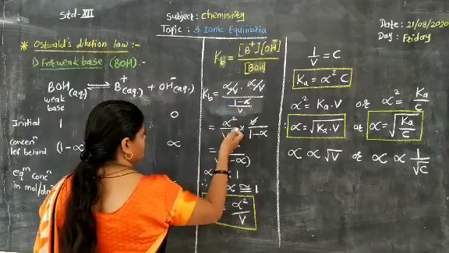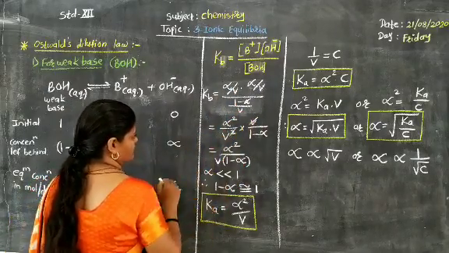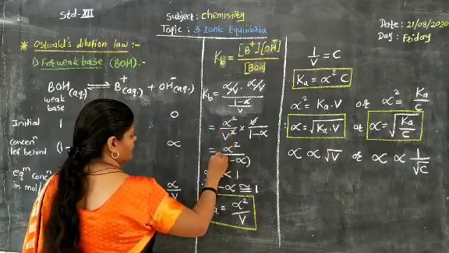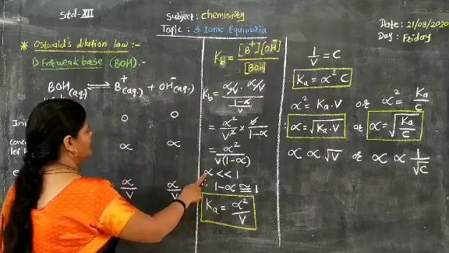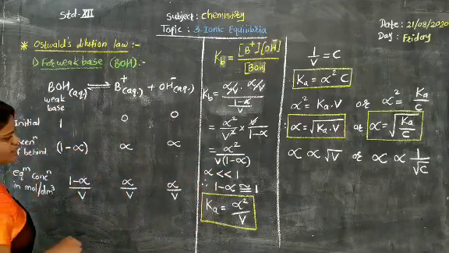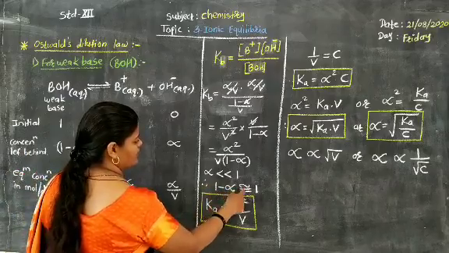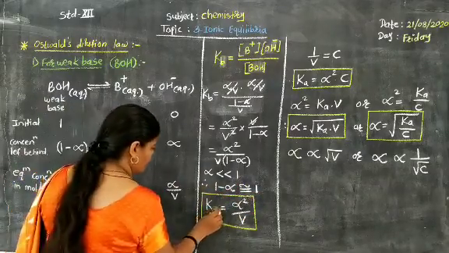Alpha square upon V square into V upon 1 minus alpha. One of the V gets cancelled. Alpha square divided by V into 1 minus alpha. As alpha is very much less than 1, it is the degree of dissociation of weak base, therefore 1 minus alpha is approximately considered as 1.